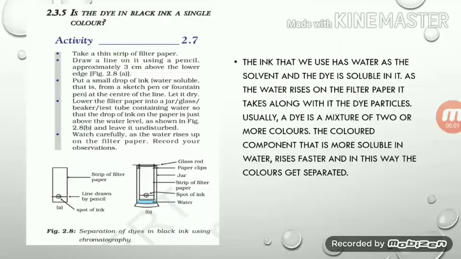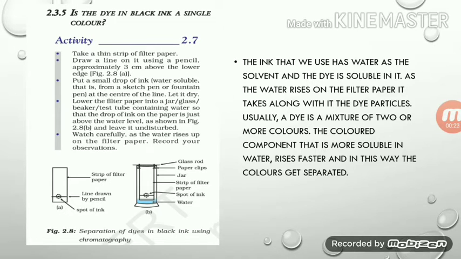Chromatography is done by this process you have seen in the picture. One strip of filter paper is taken. There is one line where a small dot is marked, where we put a spot of ink.